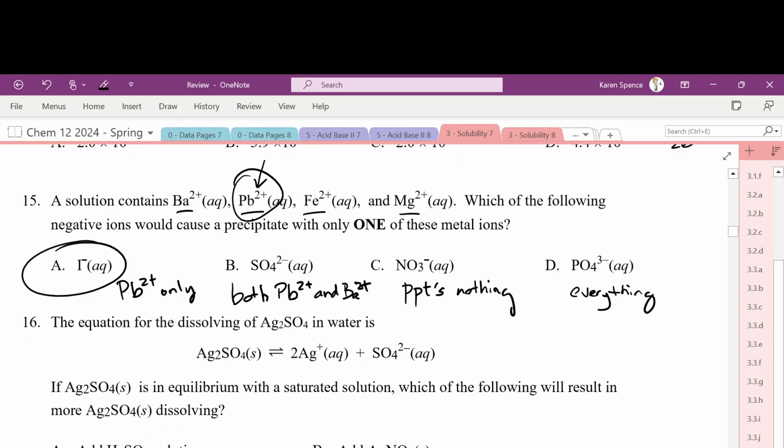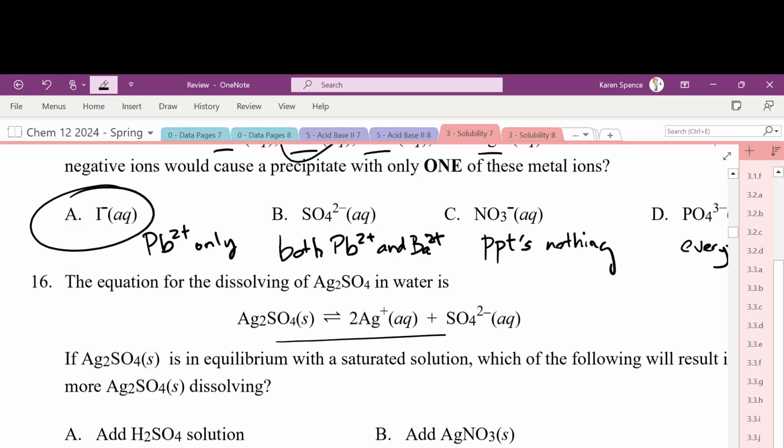The equation for the dissolving of silver sulfate in water is as follows. If silver sulfate is in equilibrium with a saturated solution, which would result in more dissolving, we want this to be shifting to the right. And if we add H2SO4, we are increasing the concentration of SO4, which would shift this to the left.